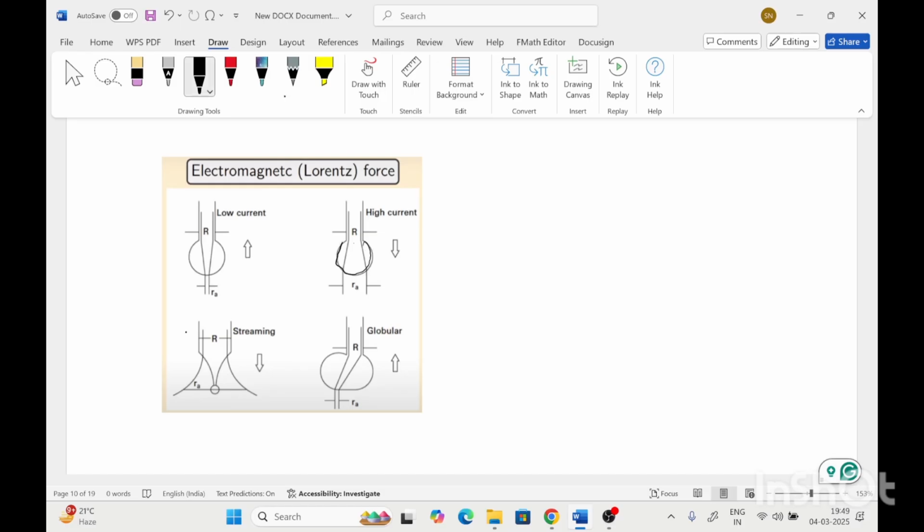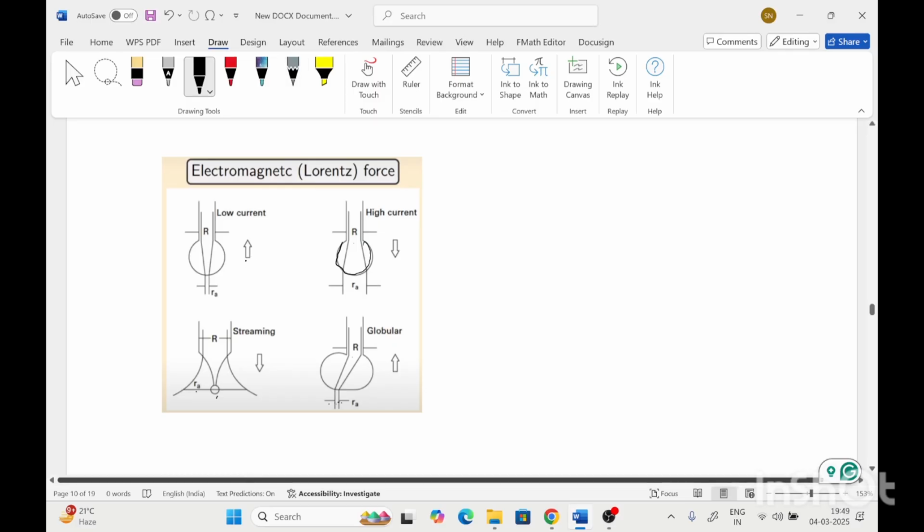For a case where the electrode is pointed, this is R, this is RA, this will lead to the streaming case. And for this proportion of the capital R and RA, the globular transfer occurs.